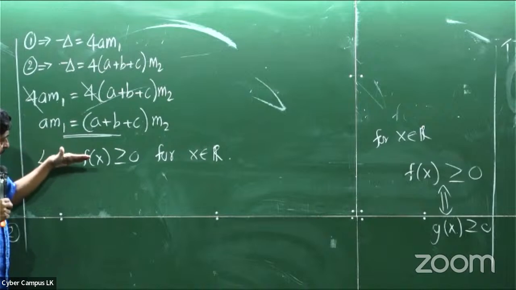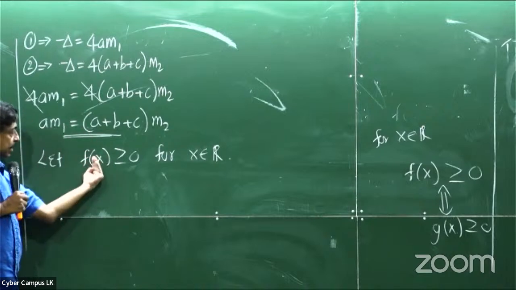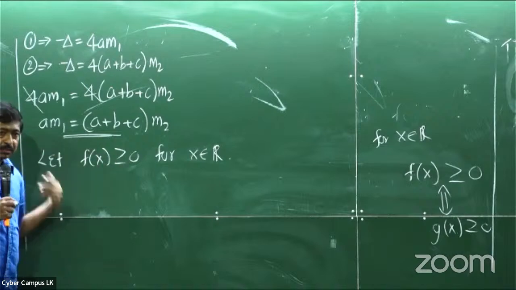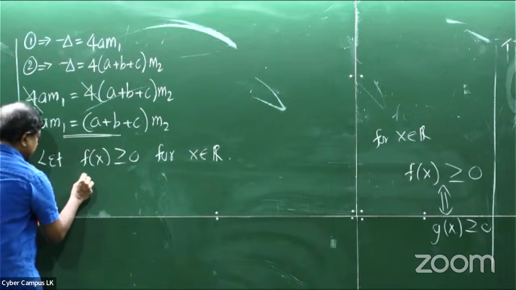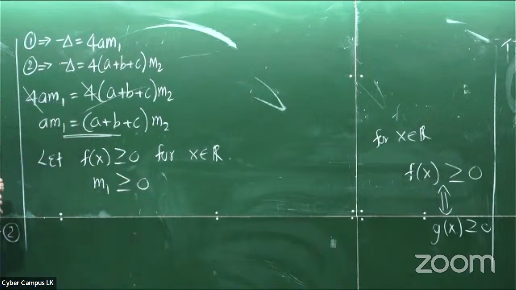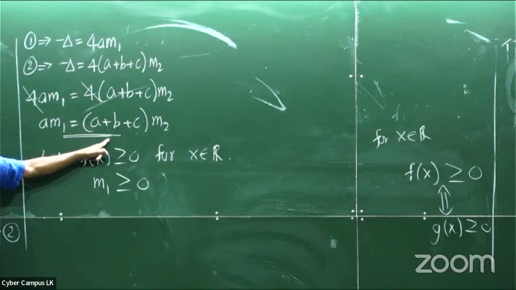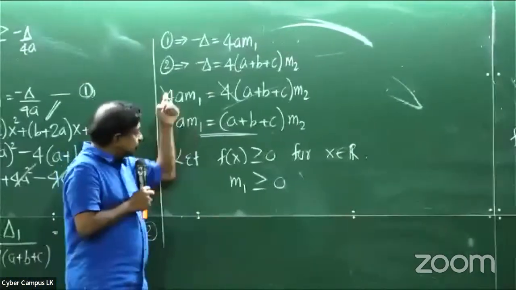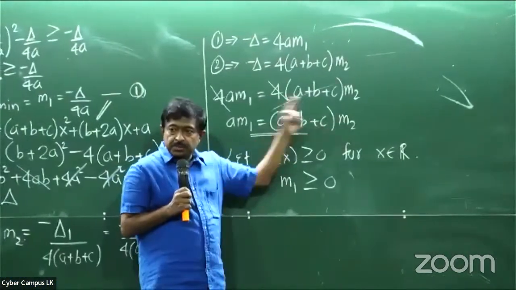What can you say about the minimum value of this? The minimum value should be greater than or equal to 0. That means M1 is greater than or equal to 0. A is positive, A is greater than 0, this is also greater than 0. What can you say about M2?